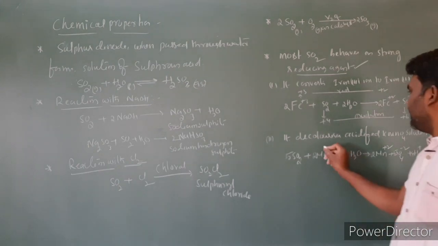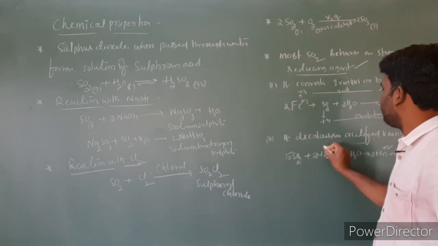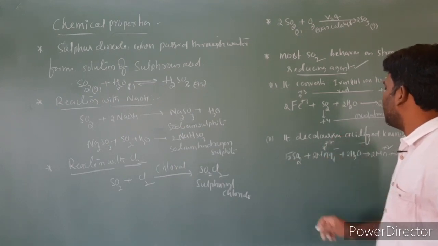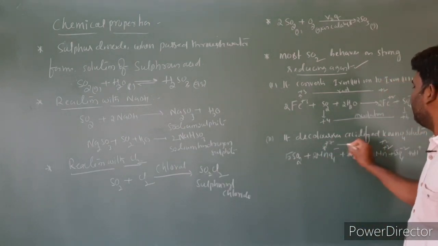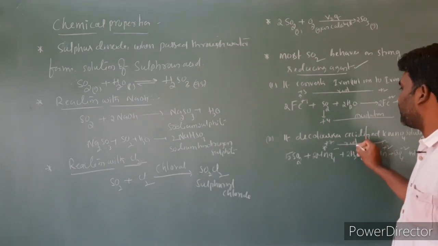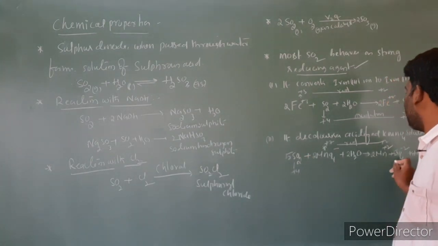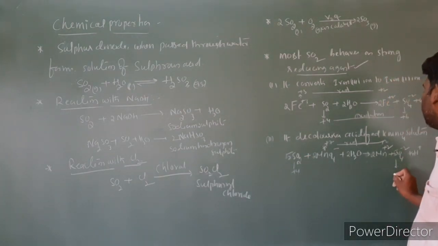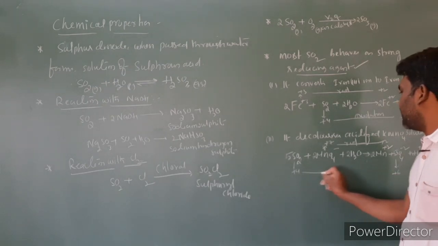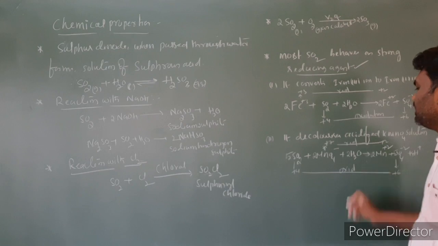In this case Mn is plus 7. Plus 7 converting into plus 2: the number decreases, which we have to call a reduction. SO2 is plus 4, converting into SO4 minus 2, which is plus 6. So plus 4 to plus 6 is oxidation.